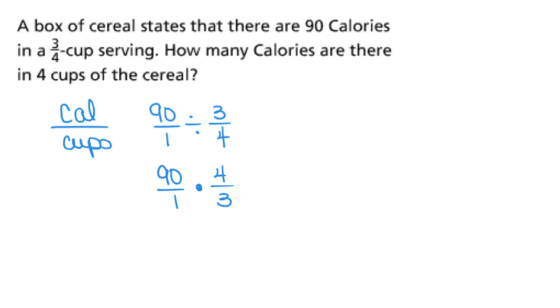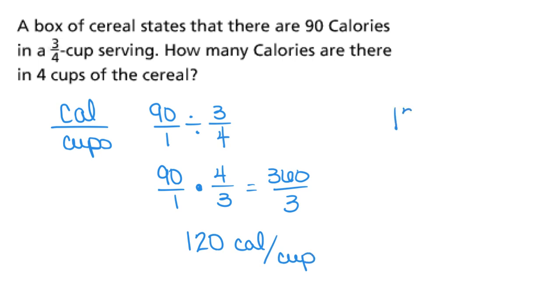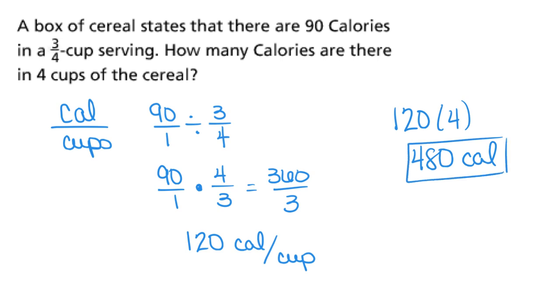Very good. And then I got 360 over 3. Very good. And I got 120 after I divided. Okay, so that 120, what is that 120? That's calories per cup. Very good. Multiplied the 120 by 4, and I got 480 calories in 4 cups. Very well done.